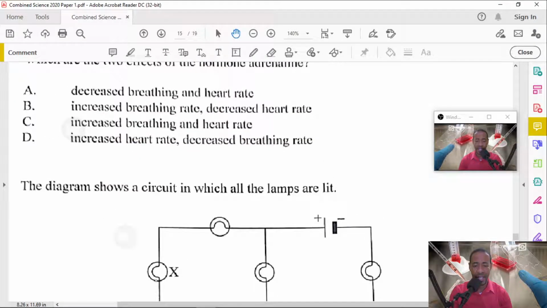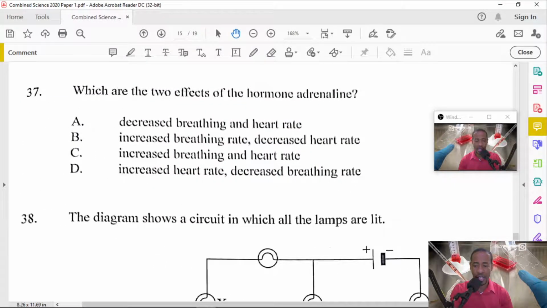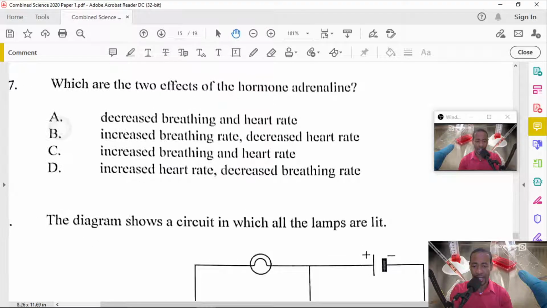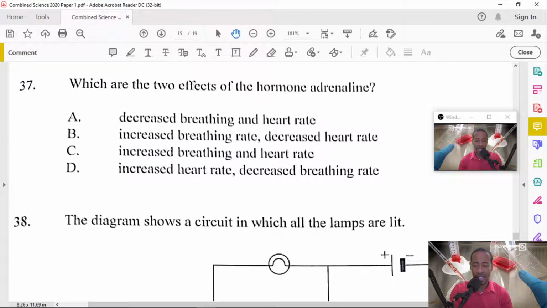Of course, it's going to get you in a state of excitement, a state of readiness, a burst of energy, and all of that. So we're looking at things that cause that burst of energy, that readiness to protect yourself from danger. It occurs during excitement as well, and even when you're scared.